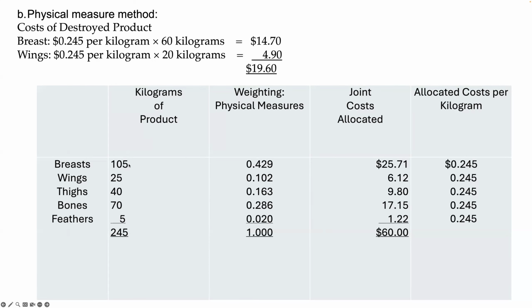You use this to calculate your percentage. I'm going to use $60 times this percentage to get the amount of cost allocated to each part, and then calculate the joint cost per kilogram.